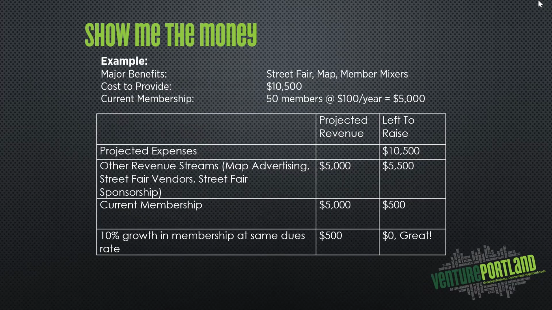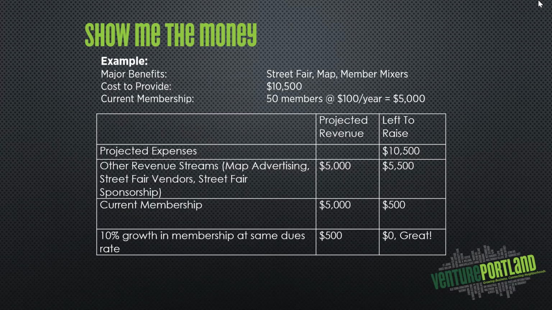So back to dues, just thinking about a simple way to determine how much you want to charge for your dues. First, you need to have your budget figured out, right? What are our projected expenses for the year? Then you're going to say, okay, other than membership dues, what revenue streams are we planning on bringing in to cover those costs?